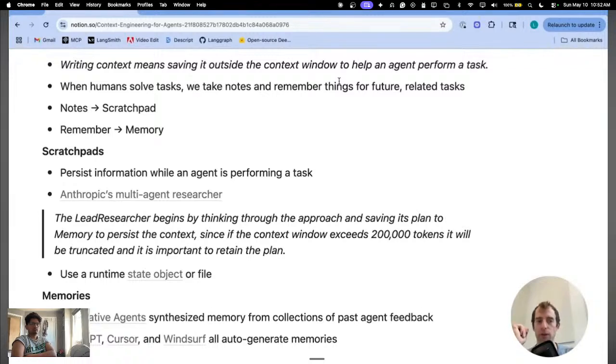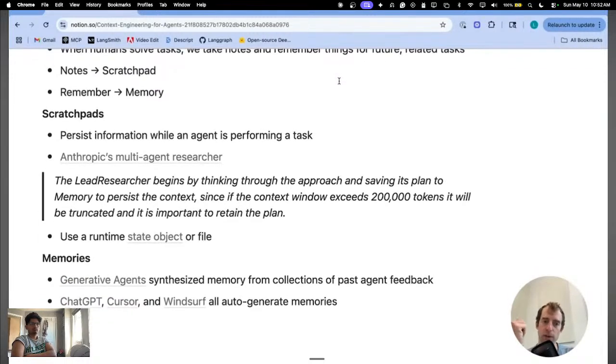I'll give a good example of this. In Anthropic's recent multi-agent researcher, the lead researcher begins by thinking through the approach and saving that plan to memory to persist it. And this is a great point: you want to keep the plan around. The context window might exceed the limit of 200,000 tokens, but the plan can always be retrieved and retained. Very intuitive example of taking a note and saving it in a scratch pad.